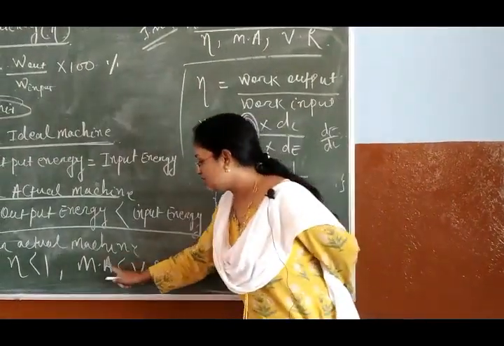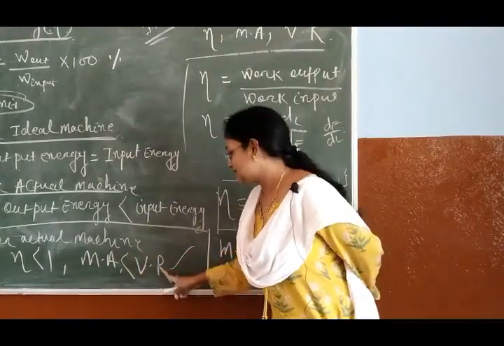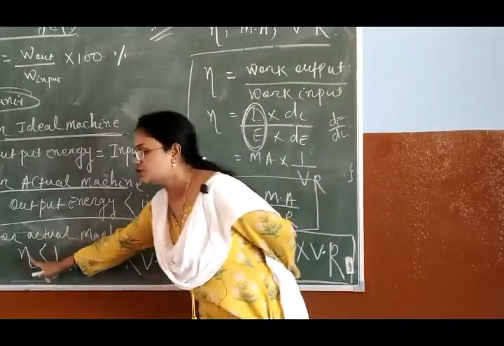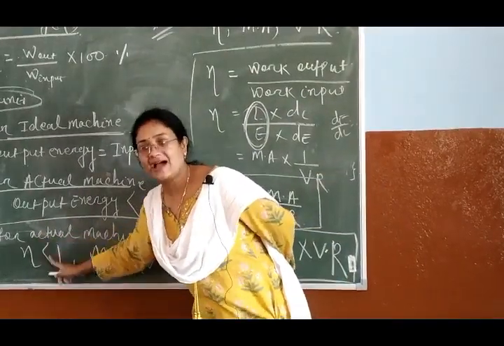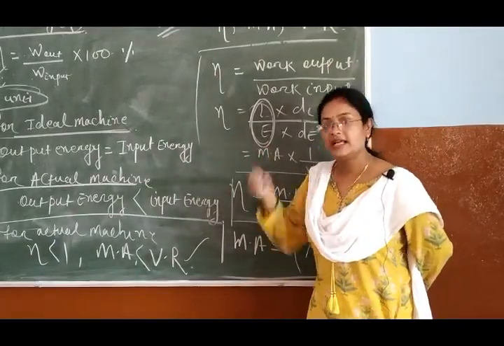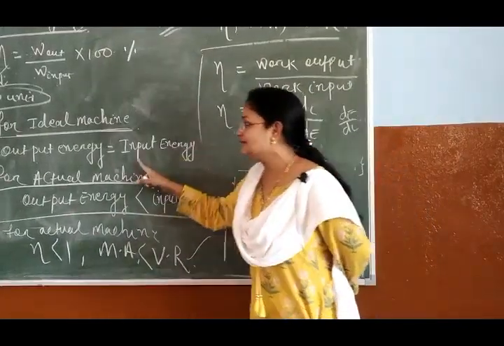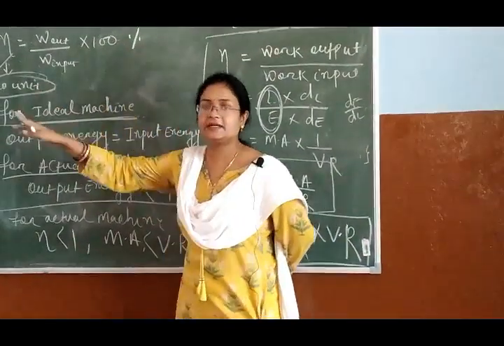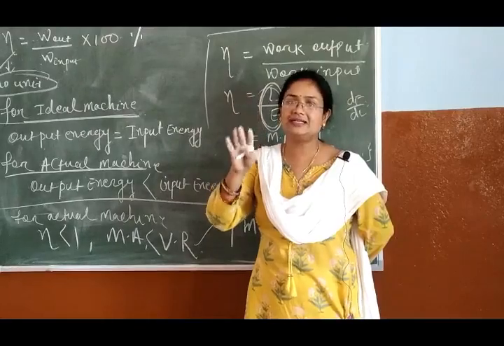For an actual machine, mechanical advantage is less than velocity ratio, which is very important. Why? Because its efficiency is less than 1. And why is its efficiency less than 1? Because there is some loss of energy. And for an ideal machine, efficiency is 100%, that is, efficiency is 1.